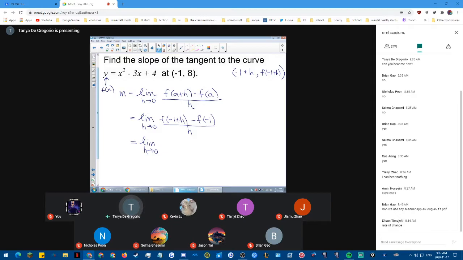One's in xy notation and one's in function notation. So -1 plus h is going to get subbed into x squared minus 3x plus 4. That's what my y2 would equal. And then minus f at negative 1. Well, I know f at negative 1. They've already given it to me. It's 8.